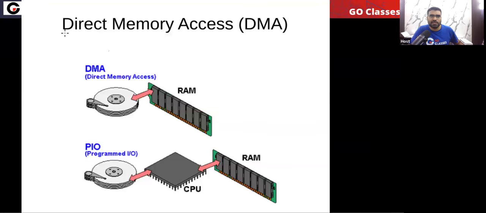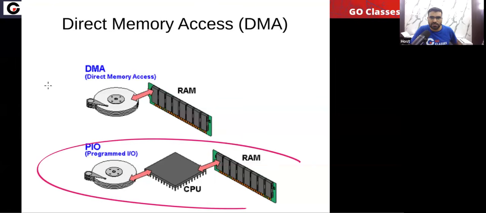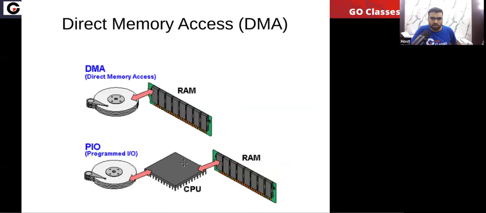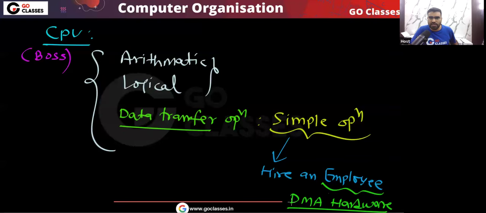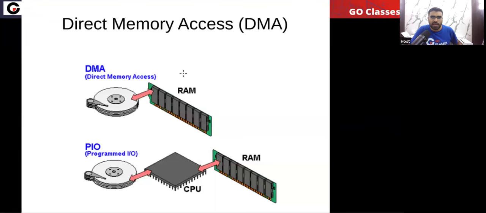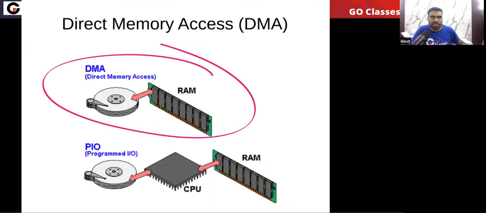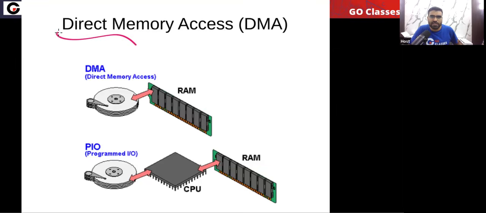So this is what I'm saying: the CPU does not need to be involved in the data transfer. What can happen? We can hire new hardware, we can put in new hardware, that is DMA hardware. Using this DMA hardware, what will happen?